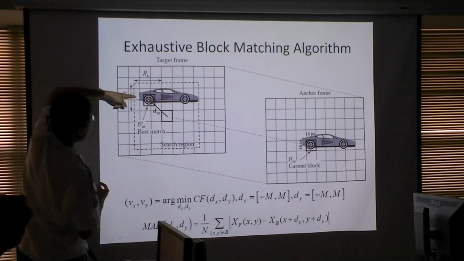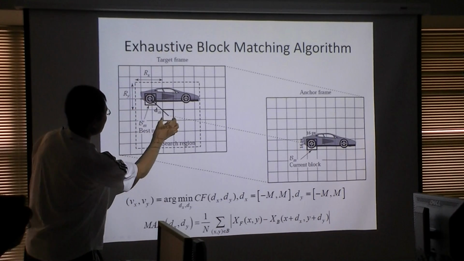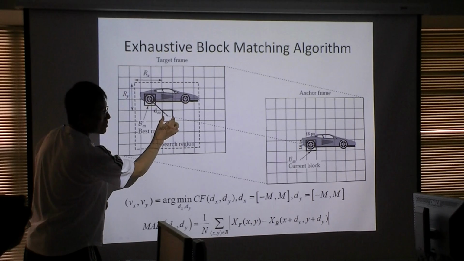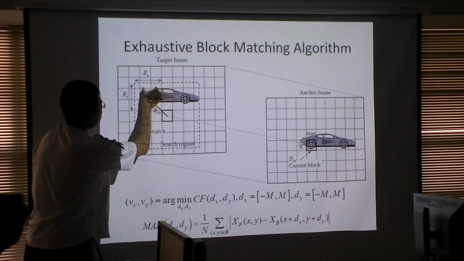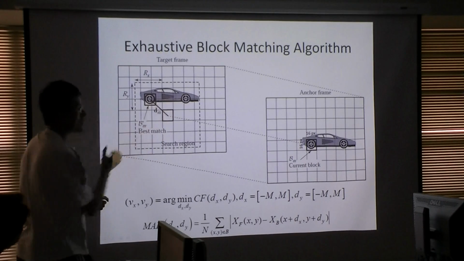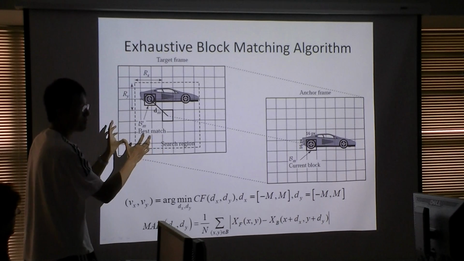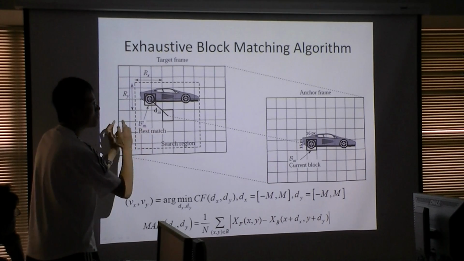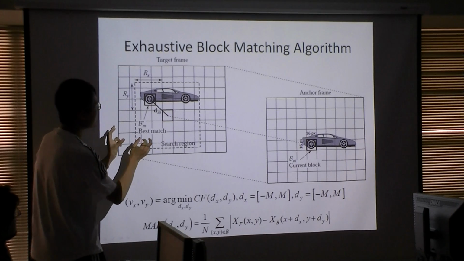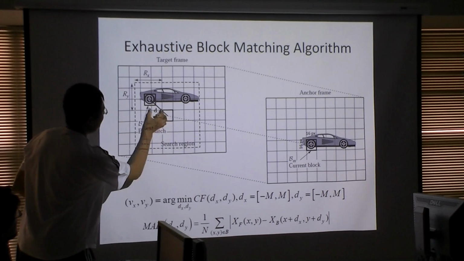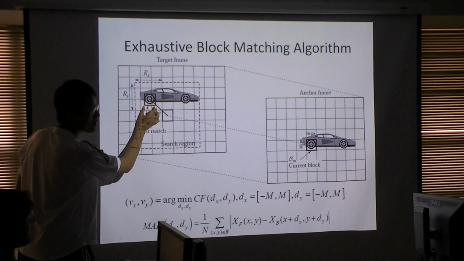This is a 3 by 3 big box, right? Then we can move this box all around this 3 by 3 big box. The moving step can be a pixel or sub-pixel. In this way, theoretically we can find the best match.